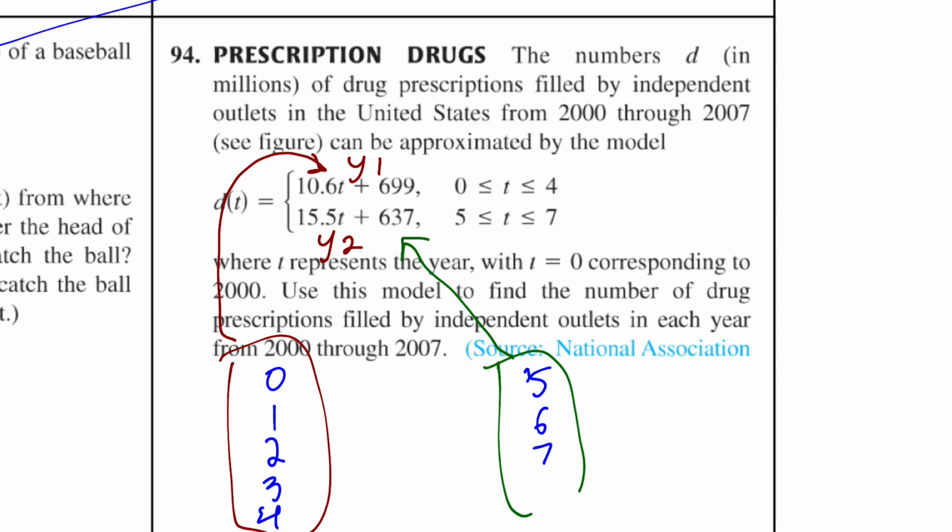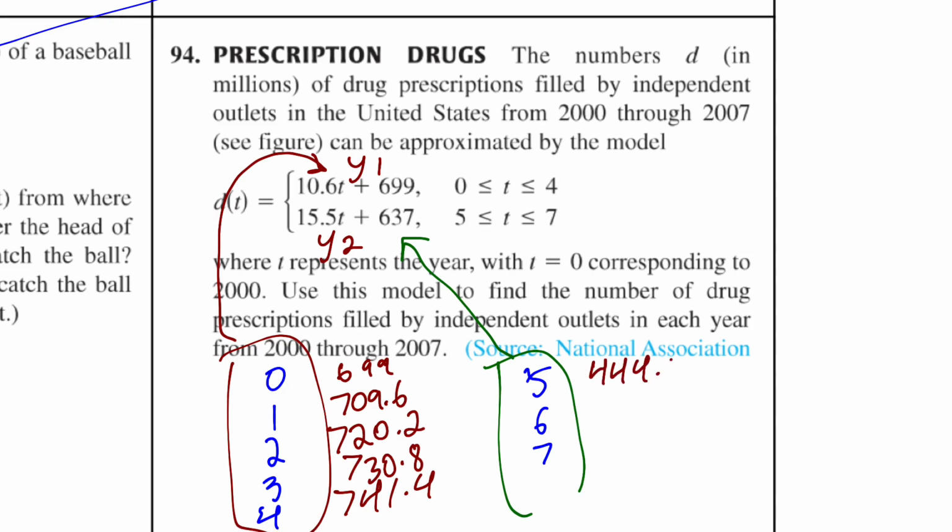And then if I look at the table, the results for here are 699, 709.6, 720.2, 730.8, 741.4. And I'm going to jump over to y2, which had the second equation here. This is 444.5.